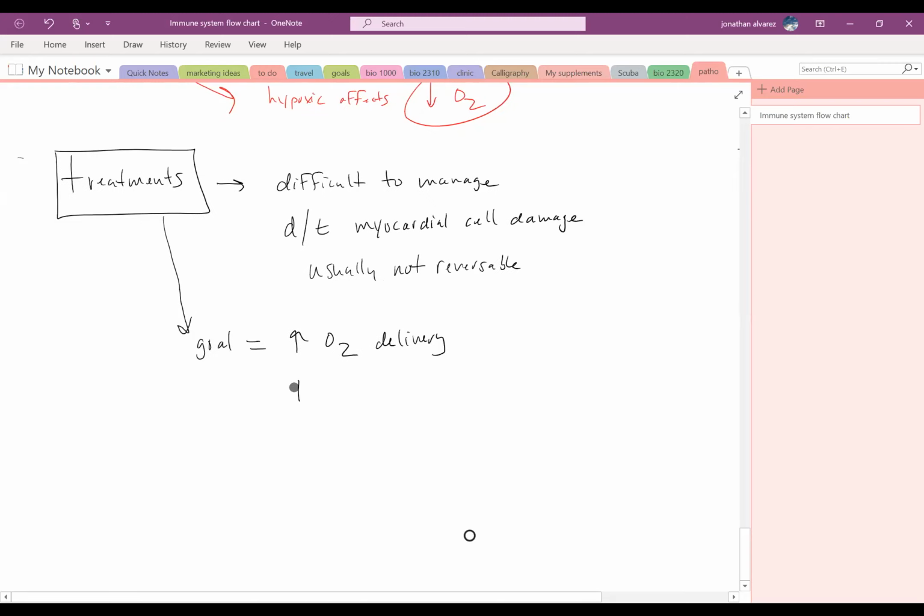And other things like increased circulation, increased blood volume.